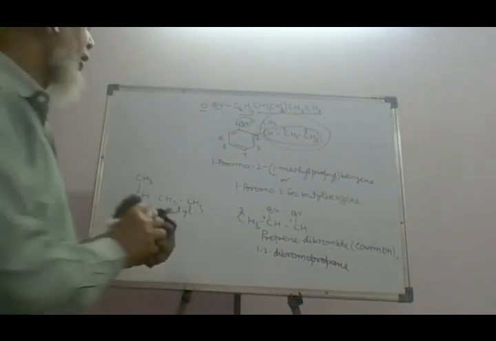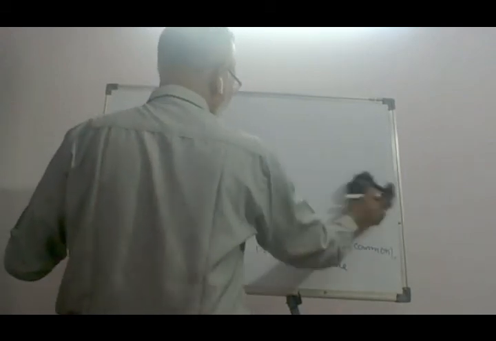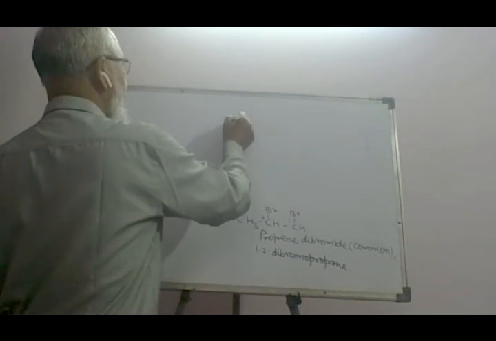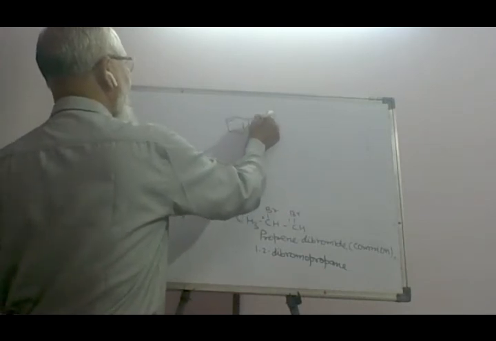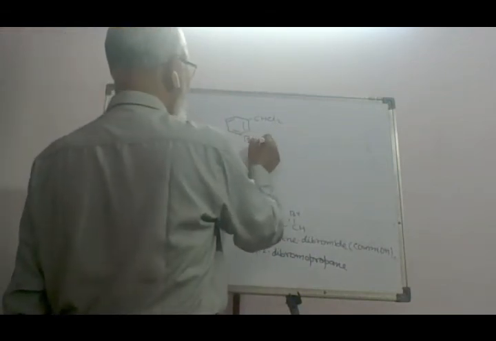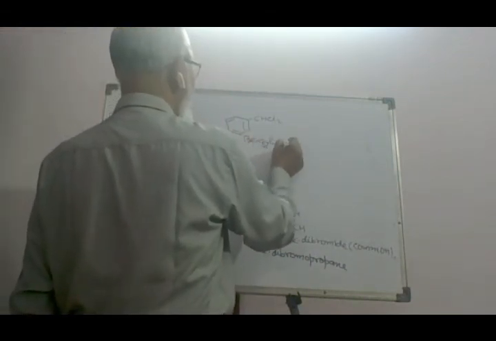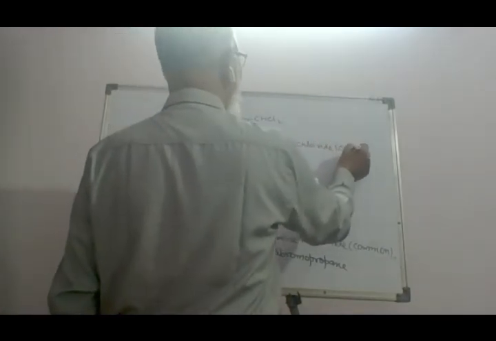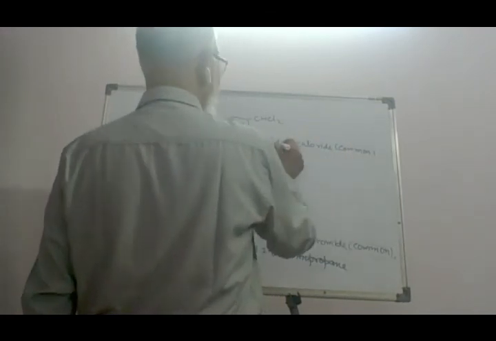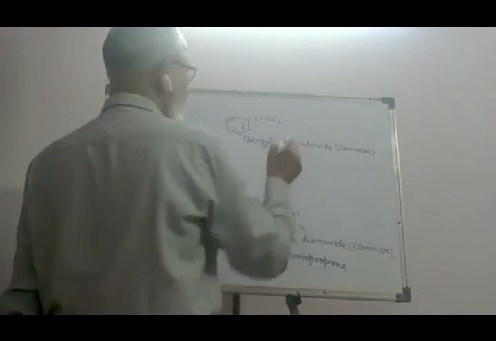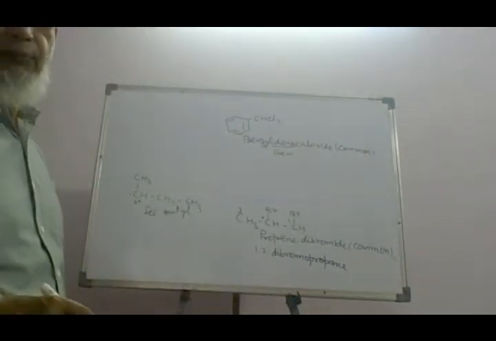Similarly, if the compound is like this, which was named as benzylidene chloride according to the common naming system, this is gem because the two halogen atoms are present at the same carbon atom.